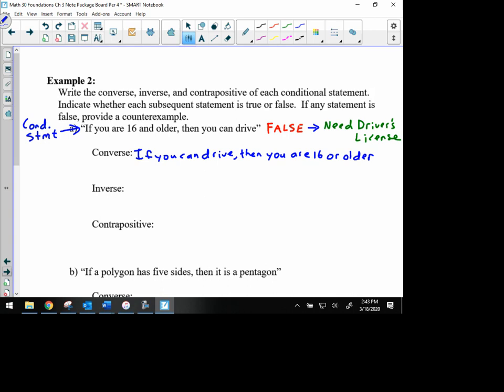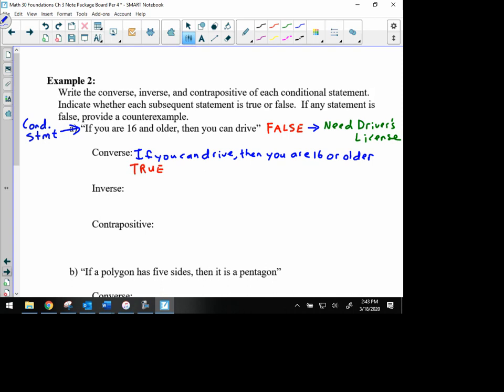I guess you could say you need your learner's permit and so on, but we'll say driving by themselves and that kind of idea. Then yes, you have to be 16 or older. So this is going to be true. If it's true, you don't have to provide an example. It's only if it's false you need to provide a counterexample.